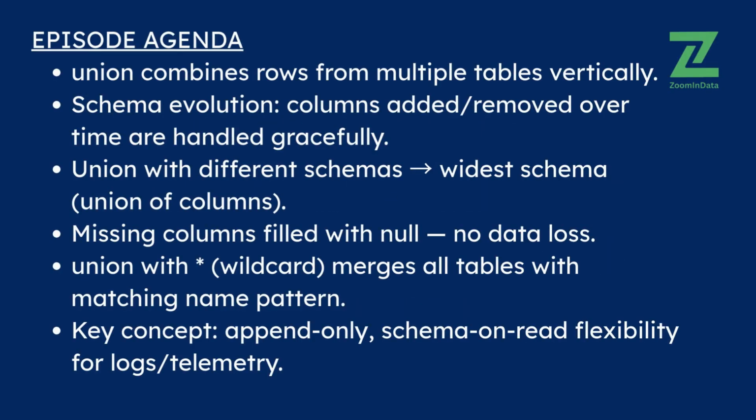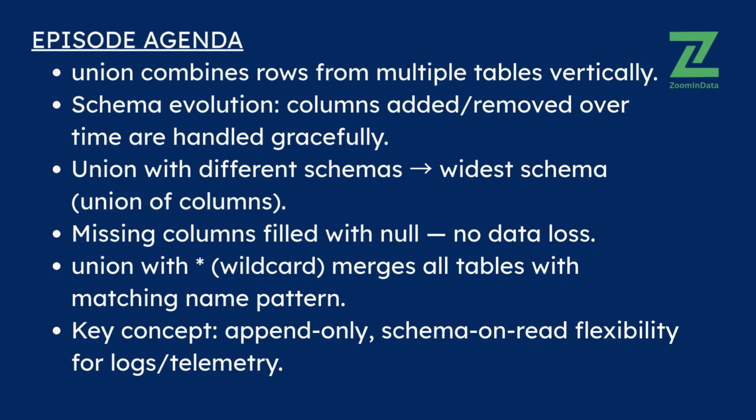Here is our roadmap for today. Union combines rows from multiple tables vertically, stacking them. Schema evolution: columns added or removed over time are handled gracefully. Union with different schemas produces the widest possible schema, the union of all columns from all inputs. Missing columns are filled with null.